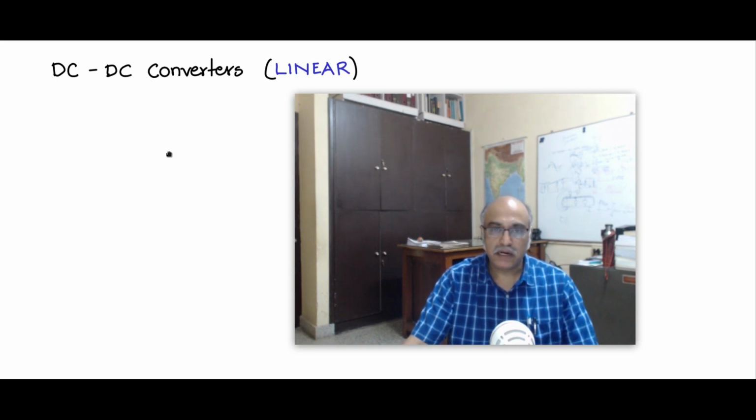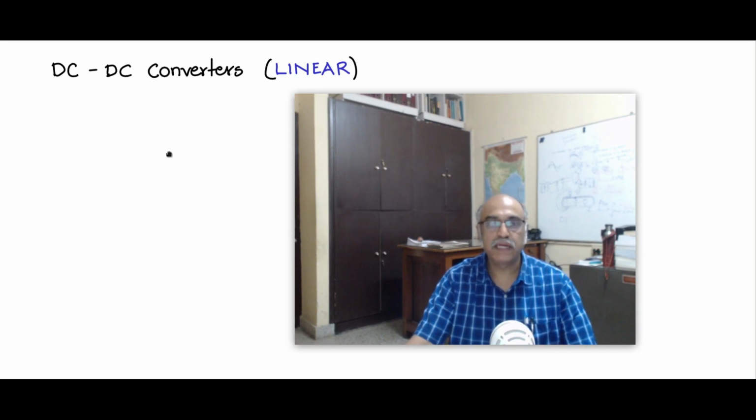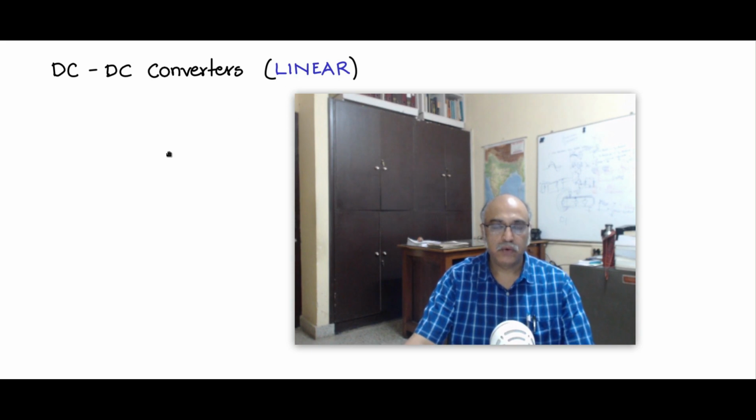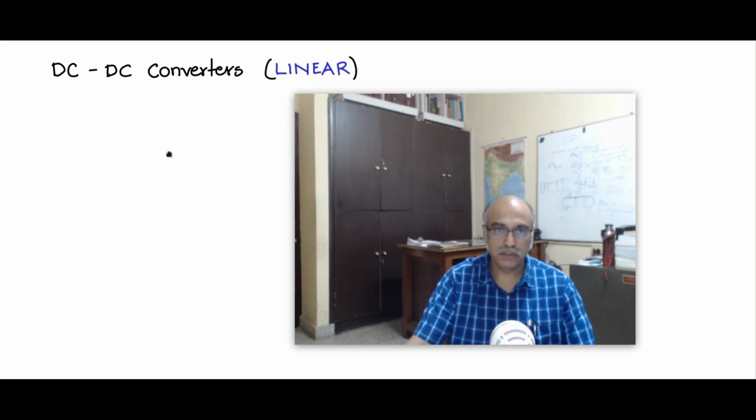However, linear regulators play a very important role in power electronics and power components and equipments, especially in applications like power supplies, wherein precision output specs are needed to be provided to many of the critical and sensitive loads.